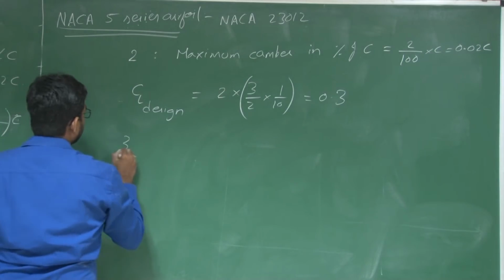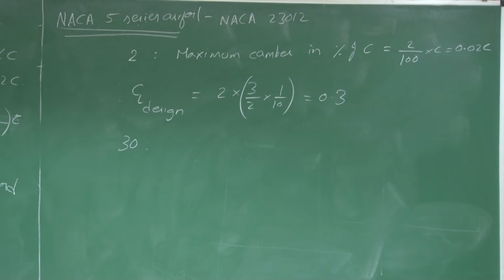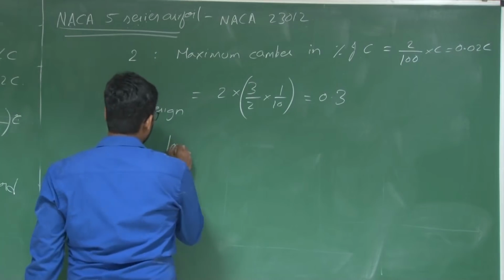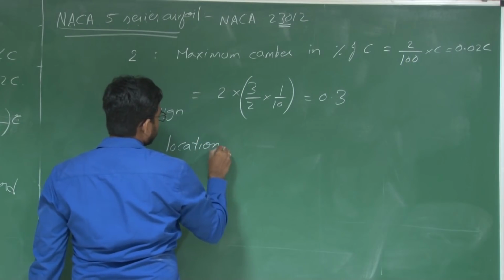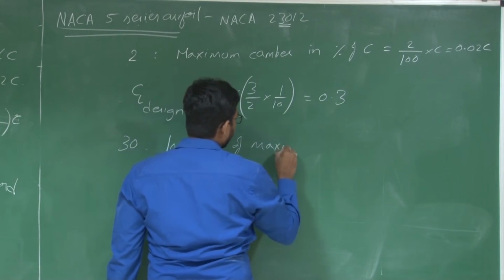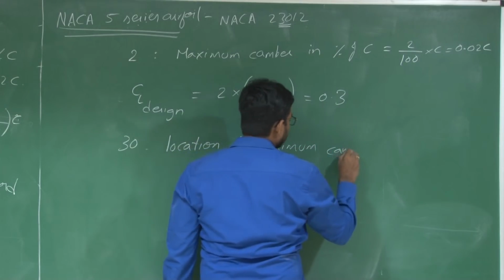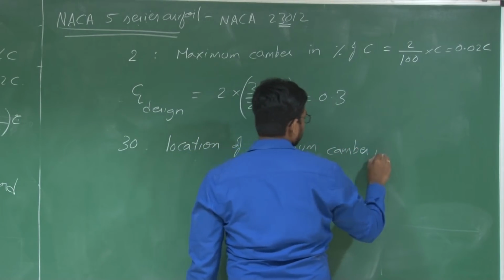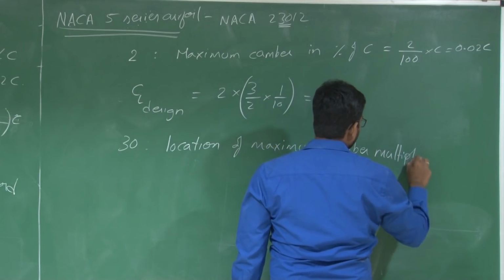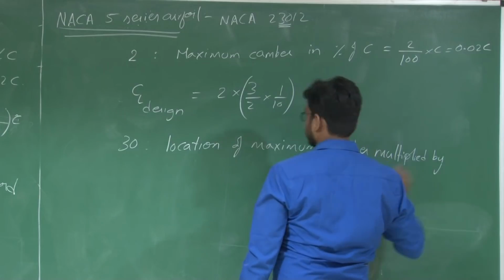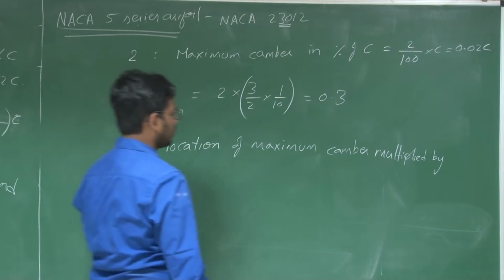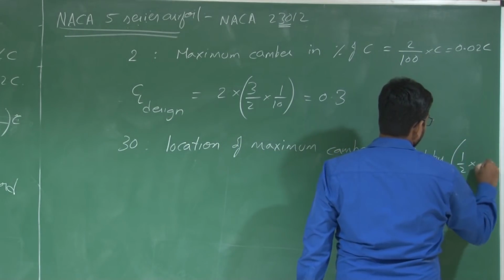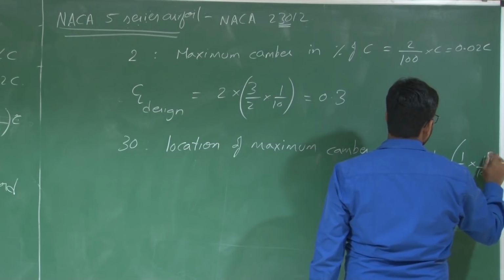And now 30 represents the location of maximum camber. So these two digits together represent the location of maximum camber multiplied by 1 by 2 into 1 by 100 of chord.